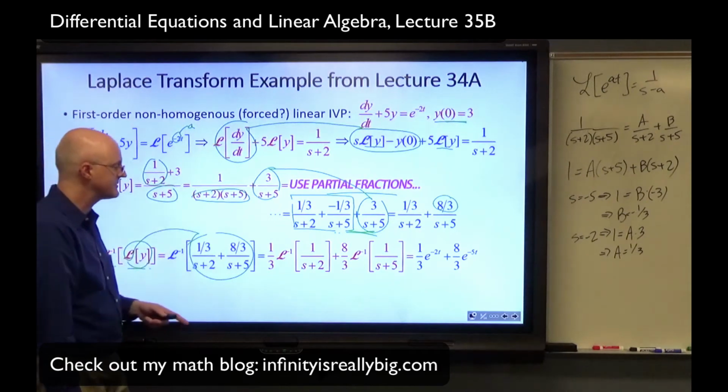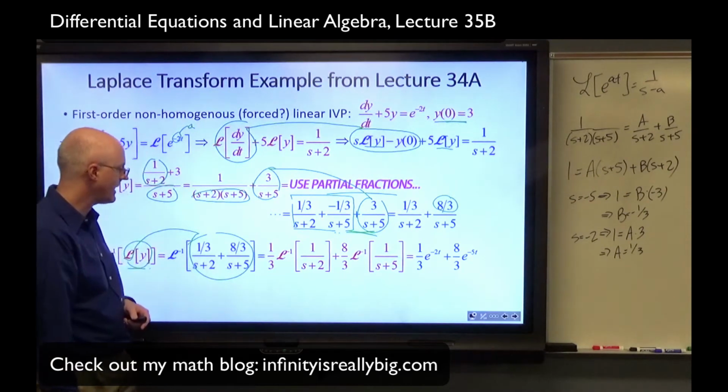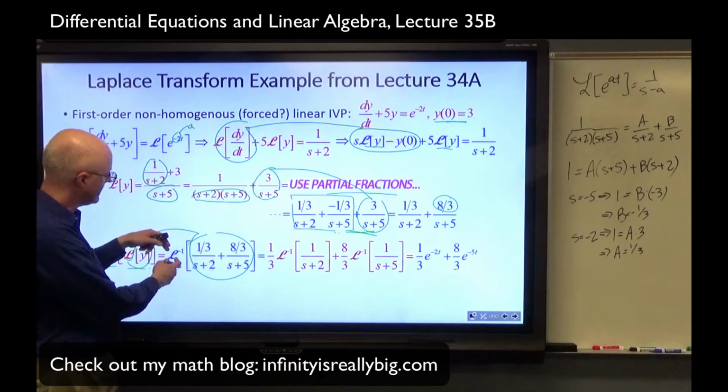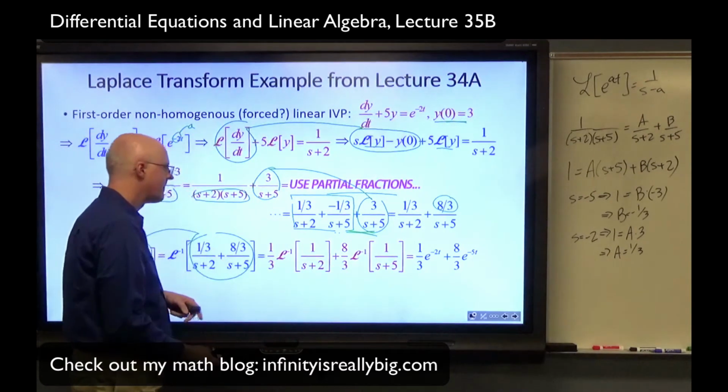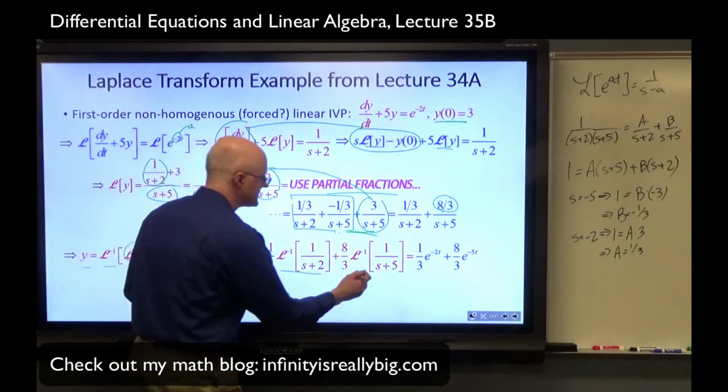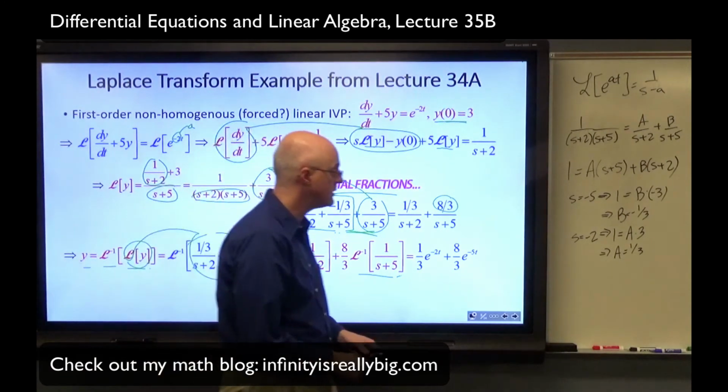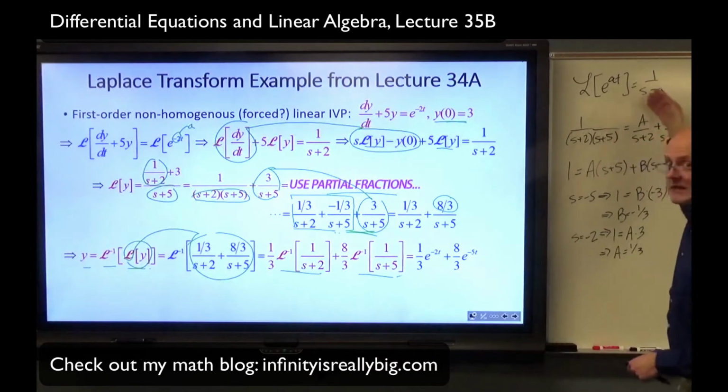The inverse Laplace transform, I said, is a linear transformation as well. We've got a linear combination of functions here. I can bring the constants in front, the 1/3 and the 8/3. And then these two things are inverse Laplace transforms that I can compute because of this fact here going in reverse.